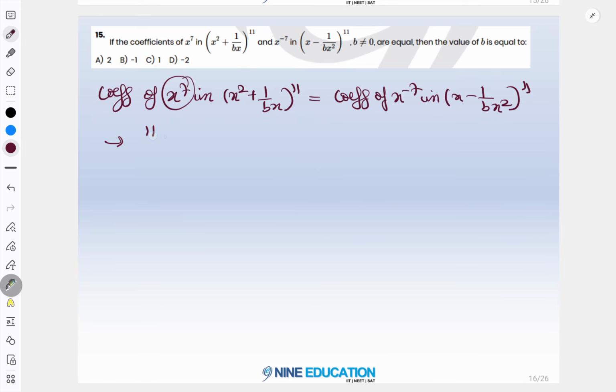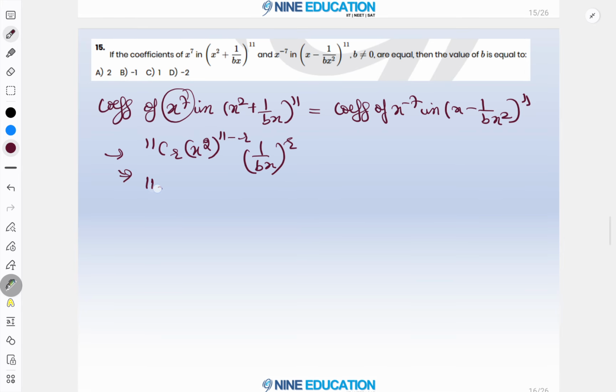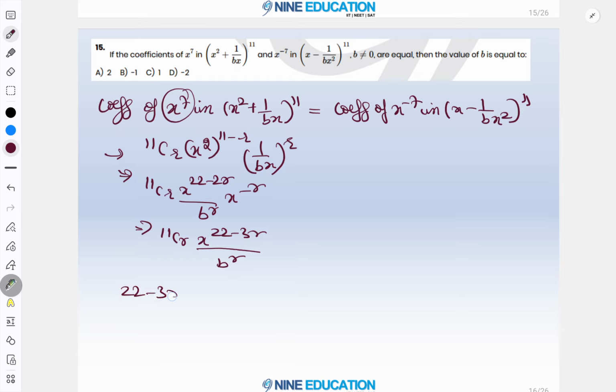The general term for this expression will be 11Cr (x squared)^(11 minus r) (1/(bx))^r. So that is equal to 11Cr x^(22 minus 2r) b^(minus r) x^(minus r), which is 11Cr x^(22 minus 3r) b^(minus r). Now since we want the coefficient of x^7, 22 minus 3r should be equal to 7. So minus 3r should be equal to minus 15, hence r should be equal to 5.